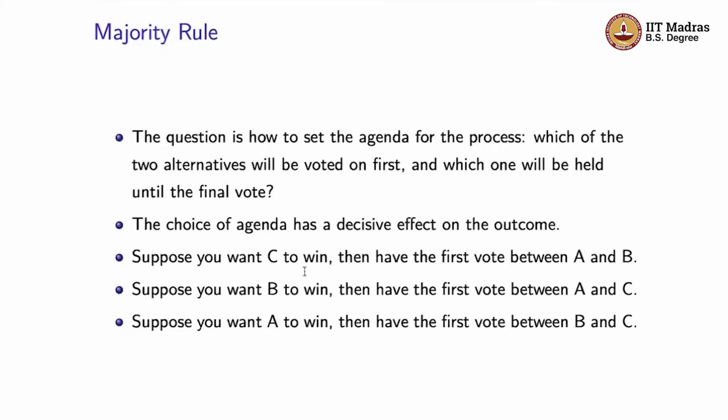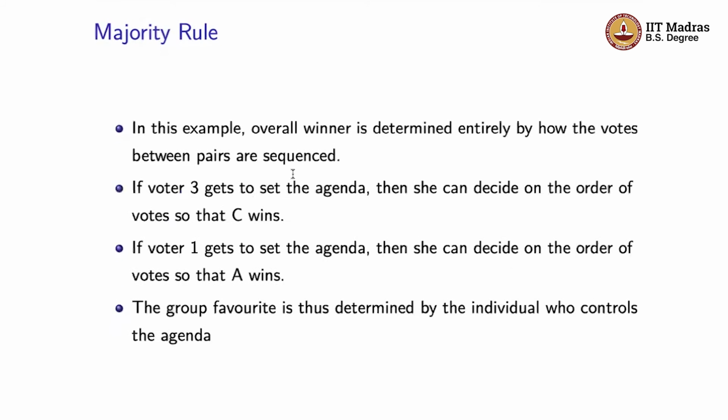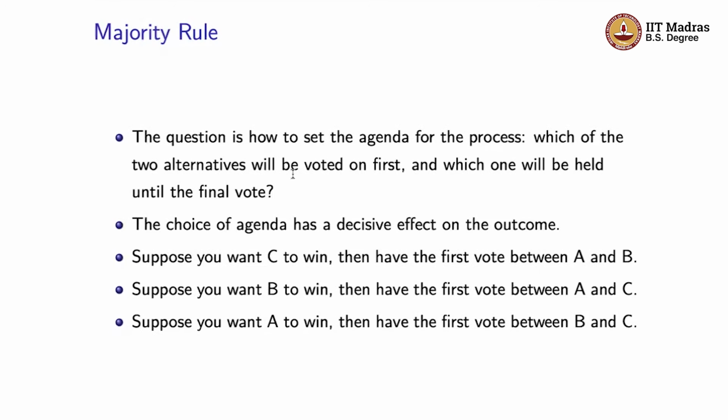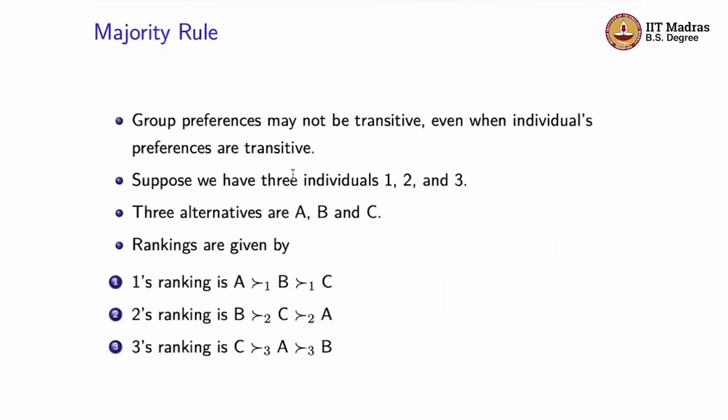So depending on who you want to win, you are going to push for a different order in which the votes are going to happen, right? So the overall winner is determined by how the votes are sequenced, right? So particularly remember that voter 3 liked C the most. So if you give voter 3 the power to decide on the agenda, then he would have had A versus B first and then the winner against C, right?